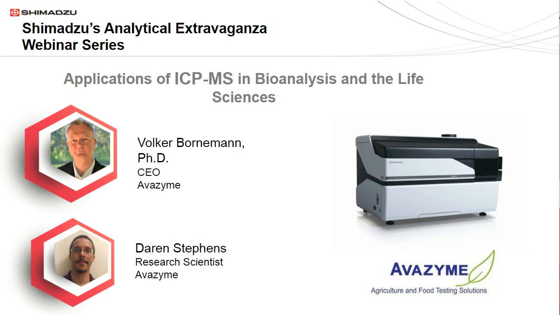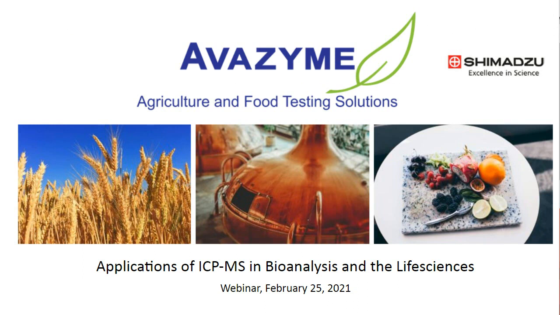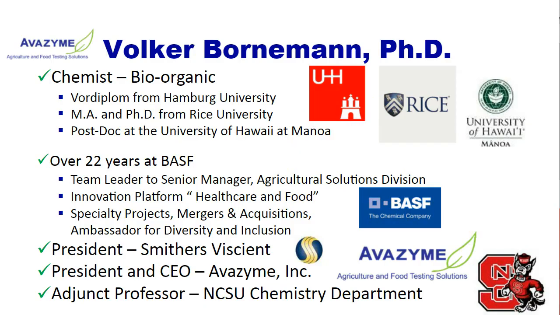Well, thank you, Faith, for the kind introduction. We also have a couple of introductory slides, which I'll go over quickly. My name is Volker Bornemann. I'm a chemist by training. Got my PhD from Rice University in Houston, Texas, and then worked for 22 years at BASF in the Agricultural Solutions Division, mostly doing analytical chemistry and regulatory science.